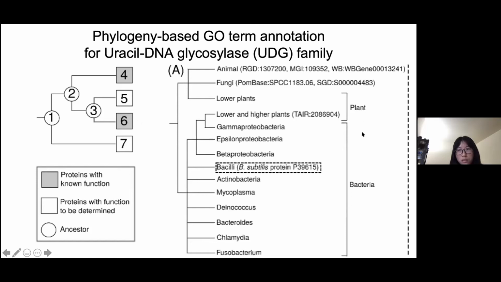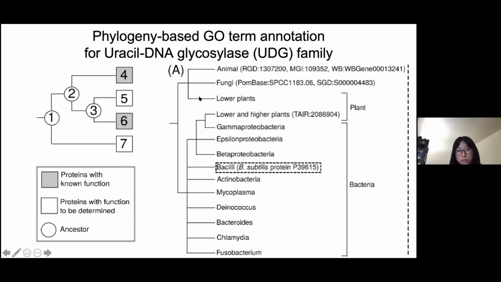Here is the reason why the UDG is assigned to the mitochondria. We can see that this is the phylogenetic tree of the UDG family. The first branch includes the animals, fungi, and the lower plants. The lower branch includes the bacteria. We can see that in this lower branch, there is a small branch which is included in the upper branch. For all these 4 branches, the UDG proteins are assigned to the mitochondria and the nucleus.